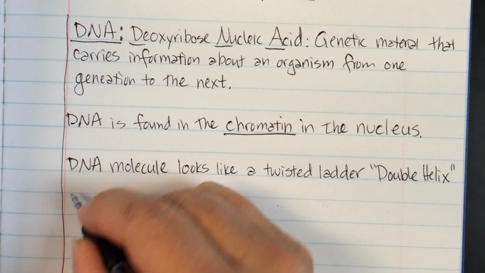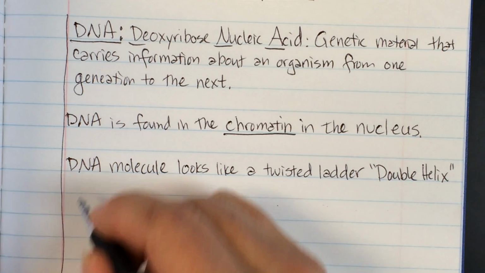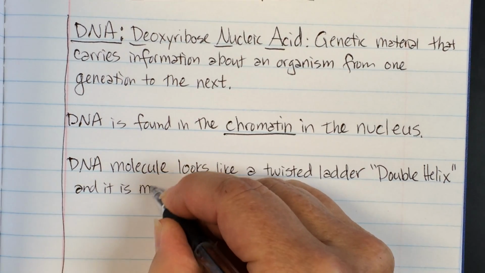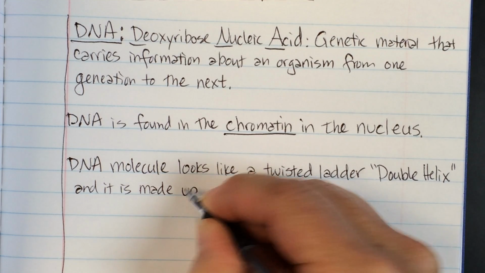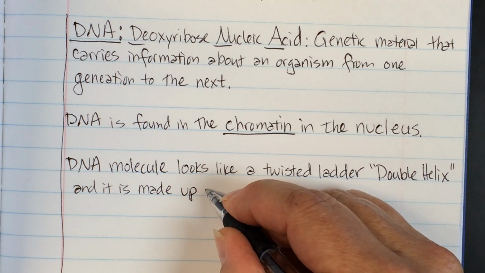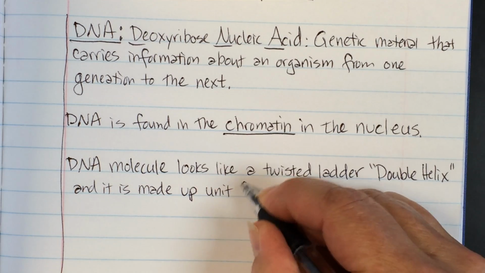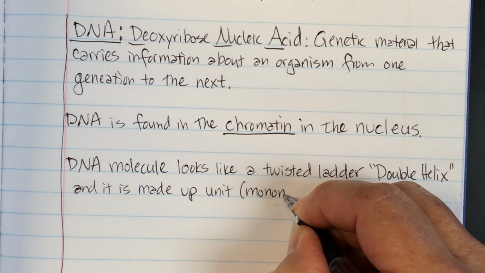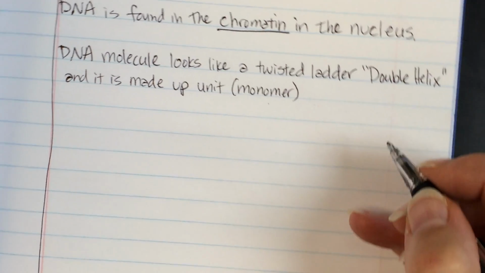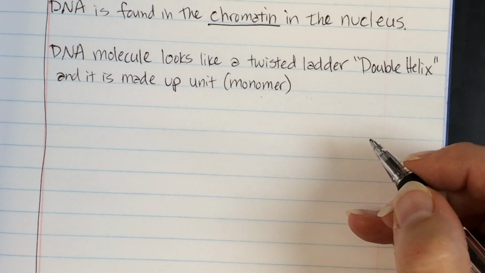So, it is made up of units. Remember, we call those units a monomer. Remember that? Monomer and polymer. So they're made up of a monomer, the unit.